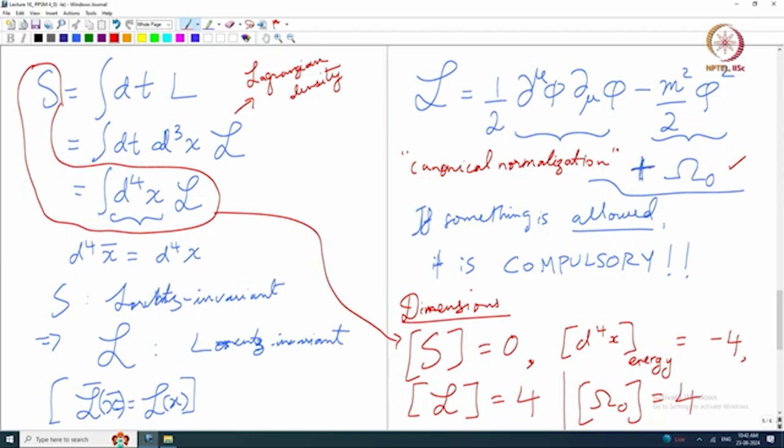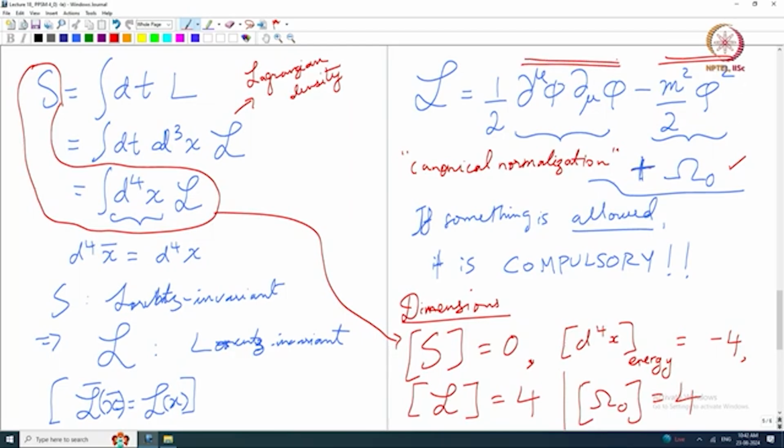So what is the dimensionality again? The simplest thing would be to look at this term. There are already two dimensions of mass or energy. That should mean the field squared has dimensions of mass squared. So the field has dimensions of 1, right? You can see that from this term also.